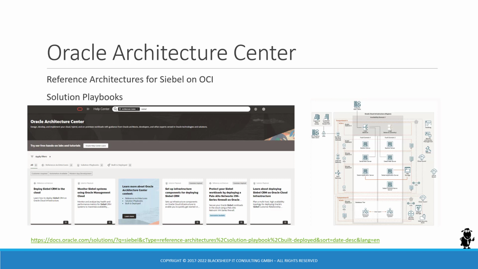Yet another Oracle resource that we have collected here for you is the Oracle Architecture Center, which is a great place if you want to find reference architectures for Siebel, especially when it comes to deployments on Oracle Cloud Infrastructure, but also you will find there so-called solution playbooks that help administrators and architects understand better how to deploy Siebel CRM.